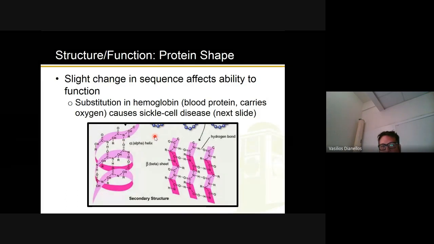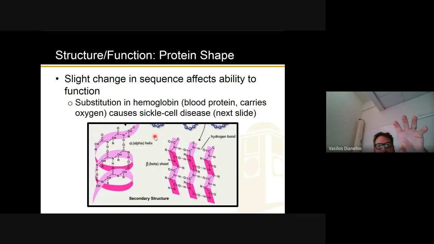But of all the molecules we talk about, proteins are the most important when it comes to structure and function. It's all about their shape. Proteins work because of their shape. If you change their shape, you change the way they work. And knowing that, and knowing what I just said, which is that it's this sequence of amino acids that gives them their shape, if you change the amino acid, you change the shape, therefore you change the function.